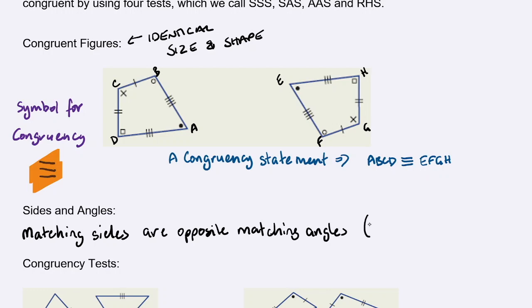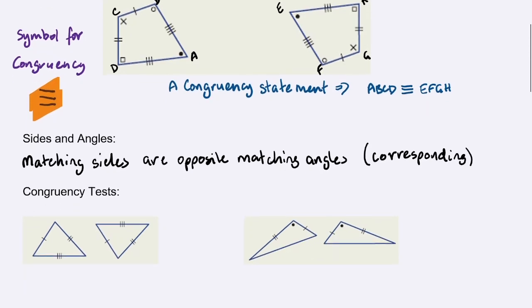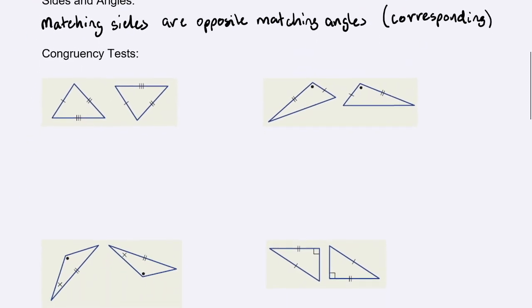And we will sometimes use the word corresponding, because they're in the same place on each shape. Now, as you can see down below there on the bottom of the screen, there are some congruency tests that we can run to see whether shapes are congruent or not. So let's have a bit of a look at those.